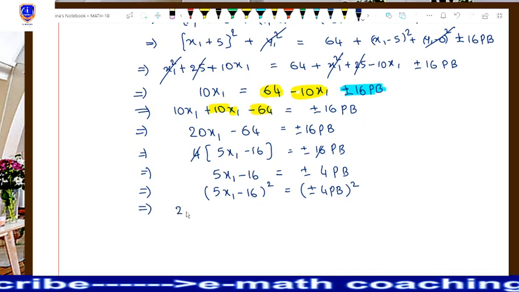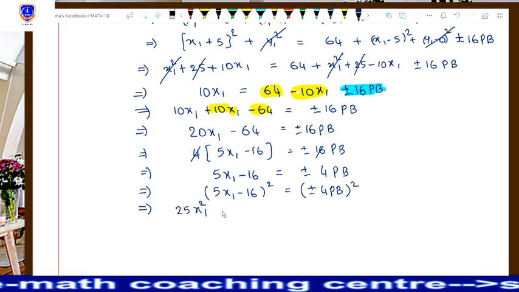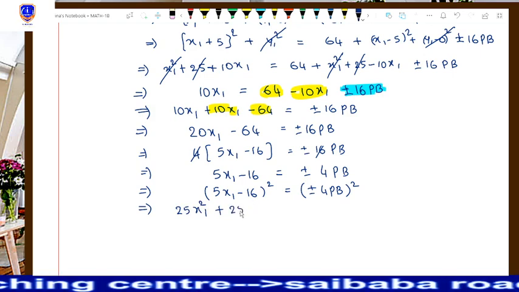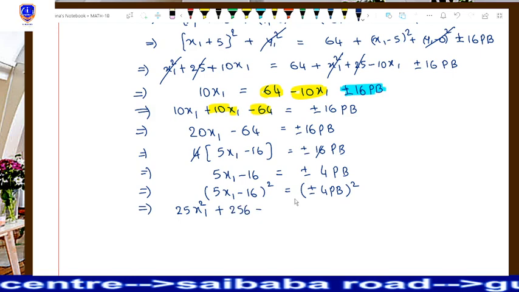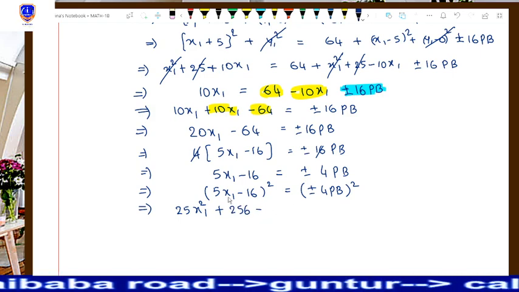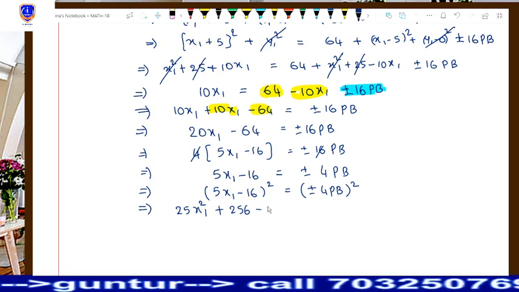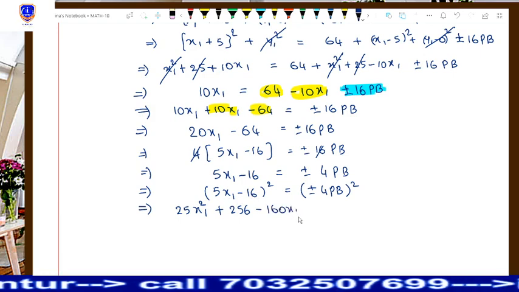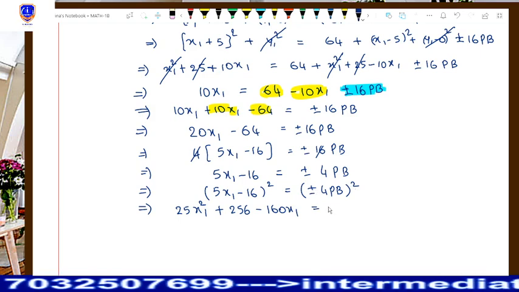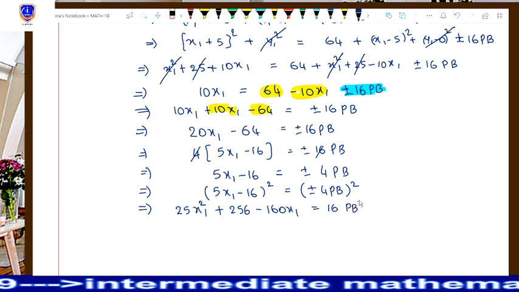A square means 5x1 whole square, that is 25x1 square. B square means 16 square, which is 256. Minus 2ab means minus 2 into 5x1 into 16: 2 into 5 is 10, 10 into 16 is 160x1. Plus or minus whole square is plus only, 4 square is 16 and pb whole square is pb square.